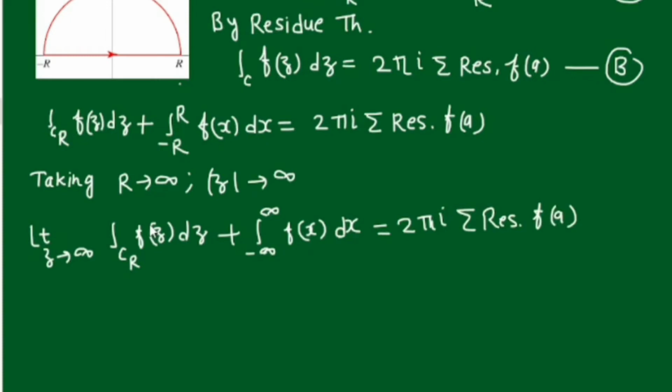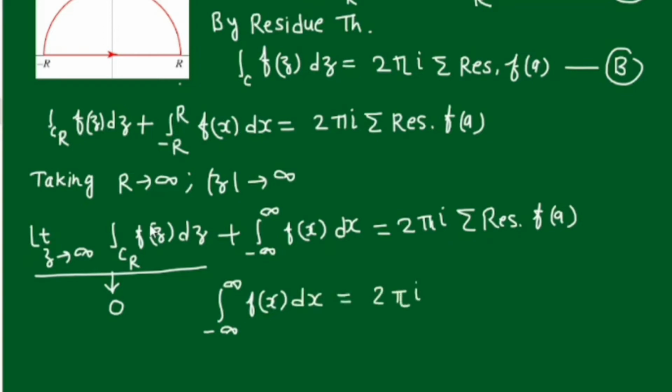Now if after applying this limit the first term becomes 0, that term vanishes. In that case we get the integral from minus infinity to plus infinity of f(x) dx equal to 2 pi i times the sum of the residues. In this way we can find the value of our given integral.